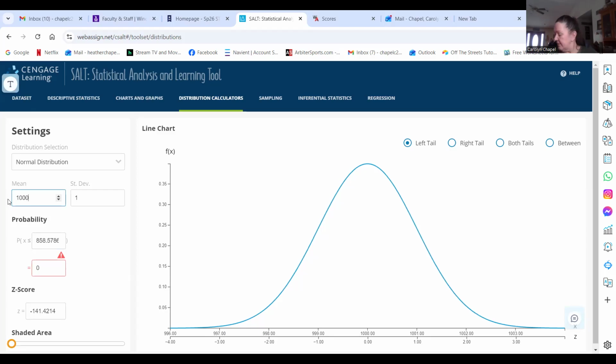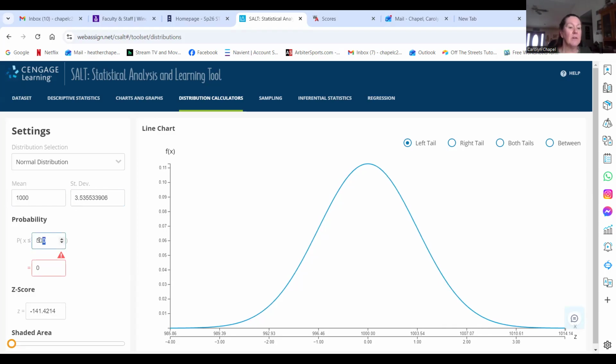Okay. The other way we could have done this one is using the 1,000, that hypothesized mean, and our standard deviation being that 20 divided by the square root of 32. So I'm going to quickly get that number. So 20 divided by the square root of 32 is 3.535533906. Okay.